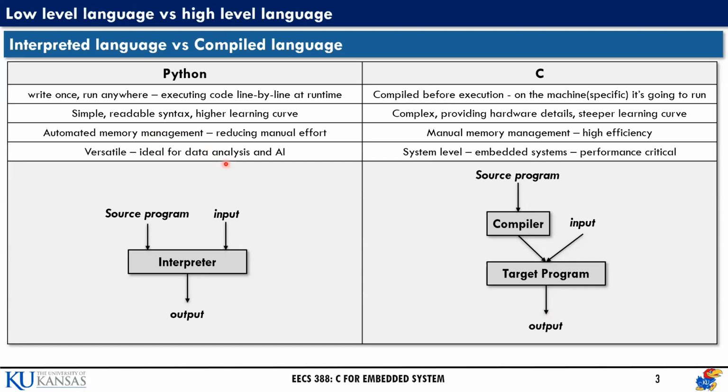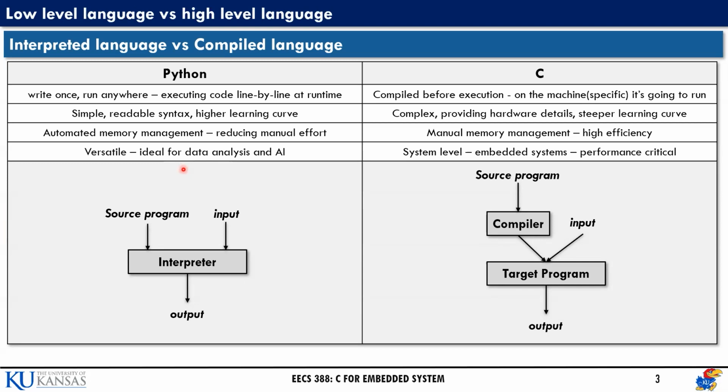So the interpreter helps us reduce the manual effort for memory management. On the other hand, in C we can manually do the memory management, and that's why it became one of the most efficient languages that talks directly to the hardware. And Python is more popular for its versatility.